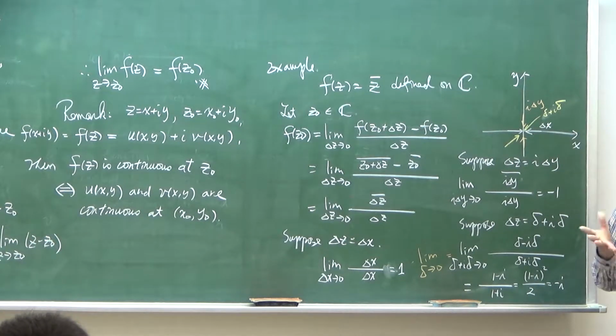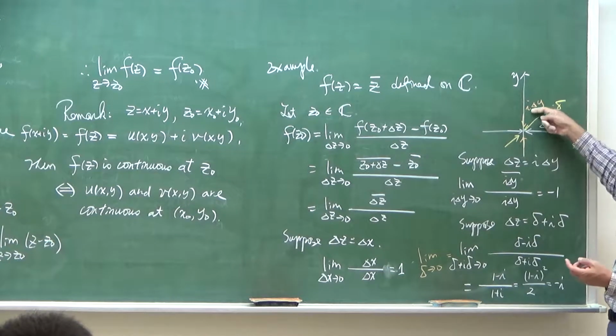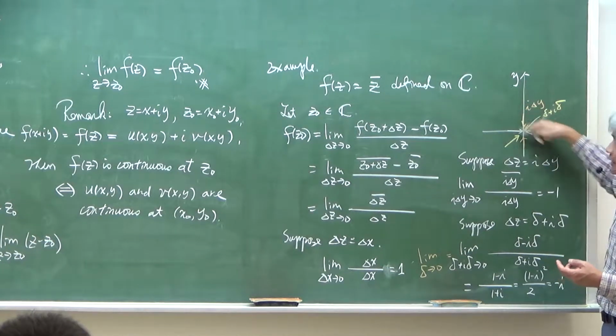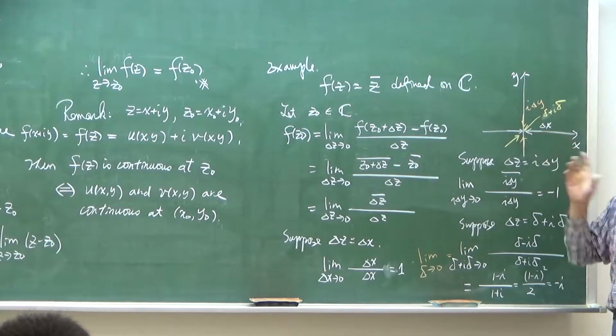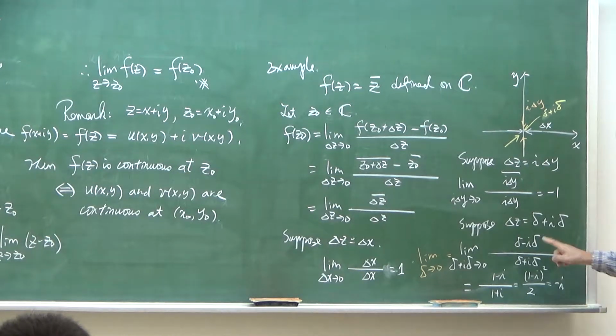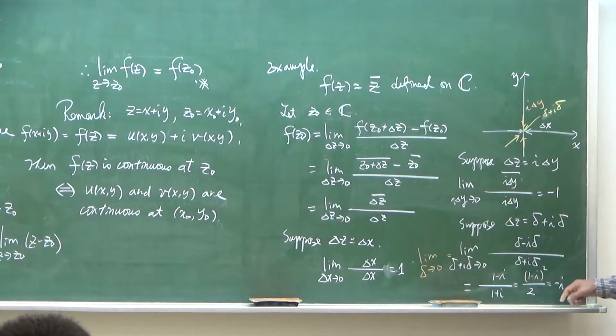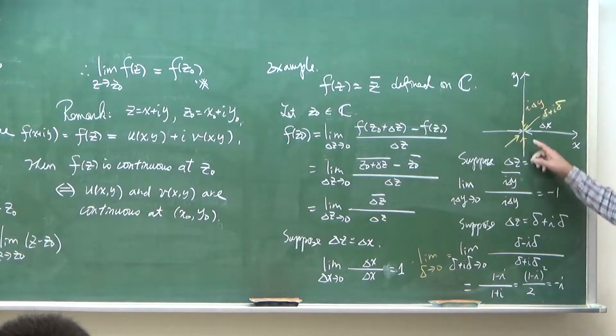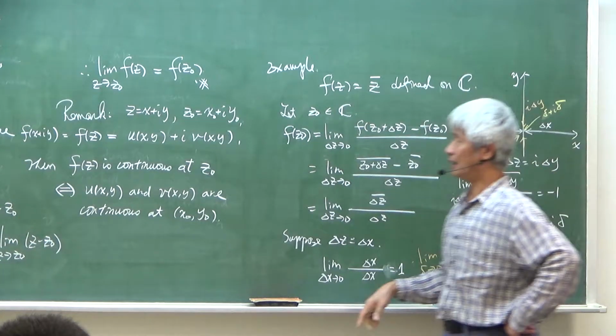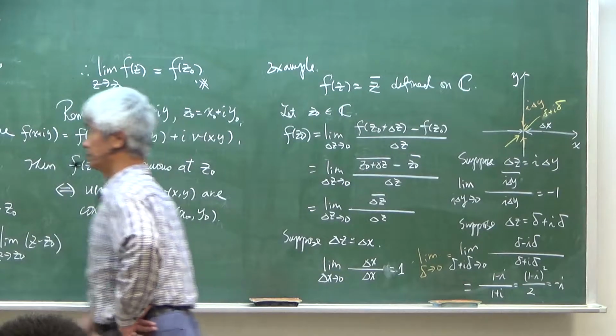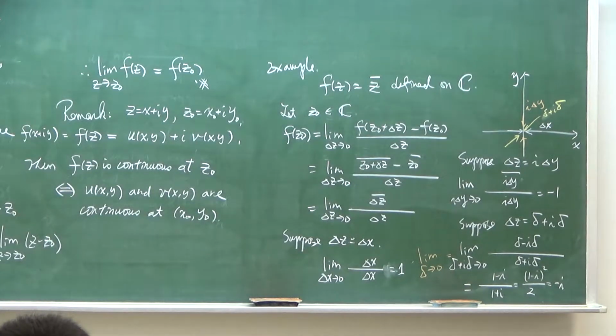So it depends. You can try many different directions and end up with different values. And you will see this value can be any number on the unit circle. We can prove that. Very interesting.